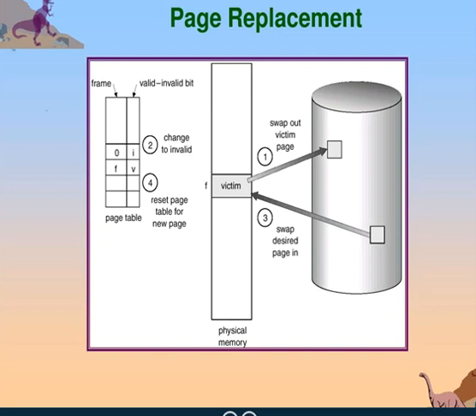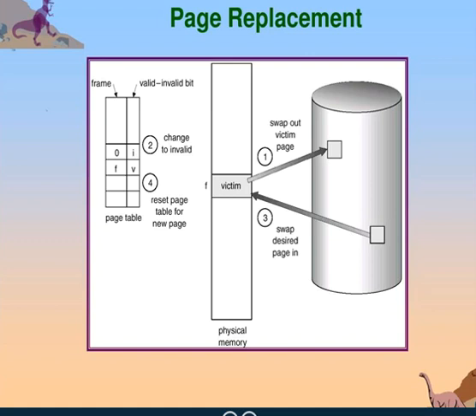Now we can use the freed frame to hold the page for which the process faulted. We modify the page fault service routine to include page replacement.